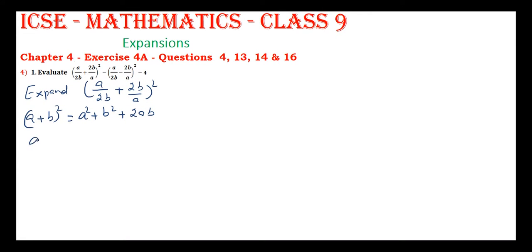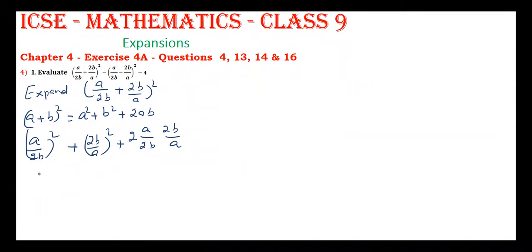So (a/2b)² plus (2b/a)² plus 2 into, in place of a we have a/2b and in place of b we have 2b/a.